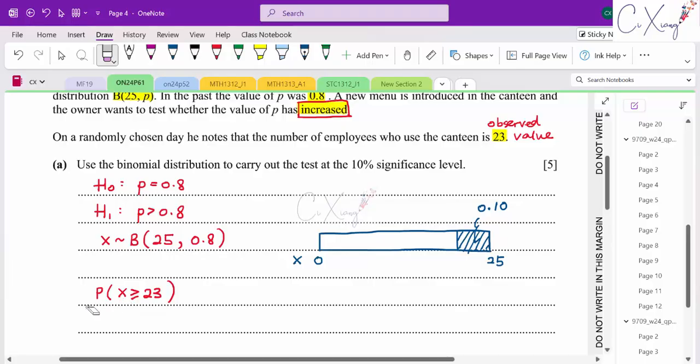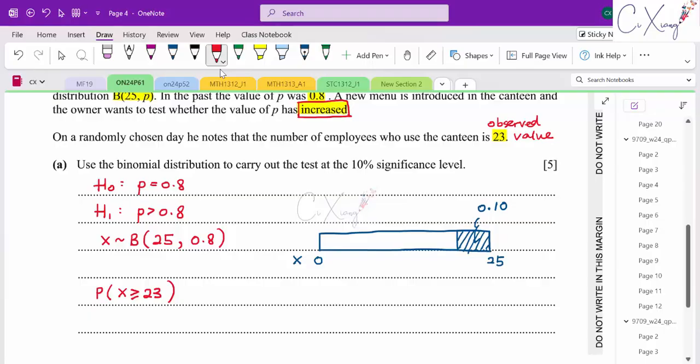For this case, if I want to calculate the p-value, it should be x greater than or equal to 23. So let's start. How can I get the probability for x greater than or equal to 23? I start from x equals 23 first. So I have 25C23 p to the power 23, then q to the power 2. This is x equals 23.